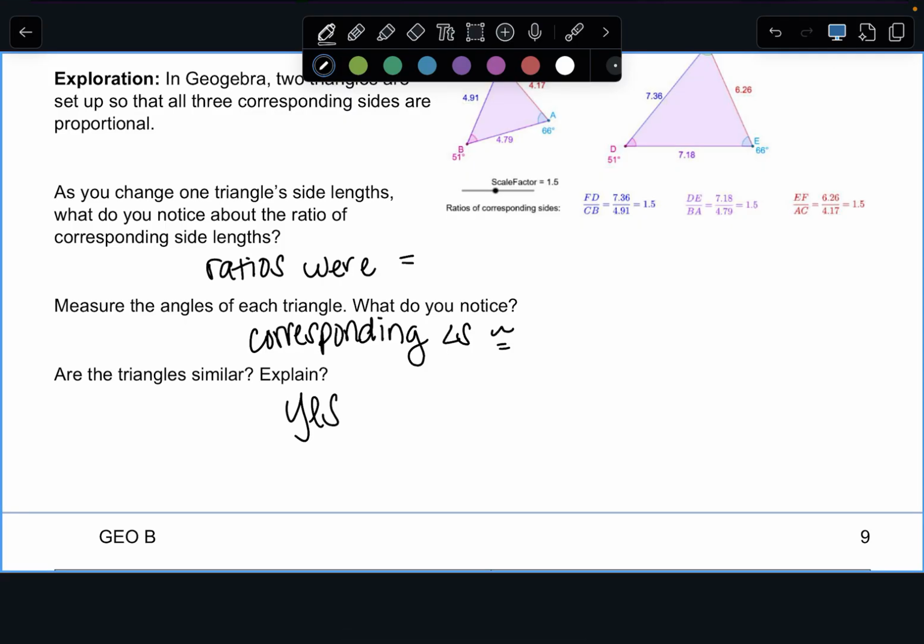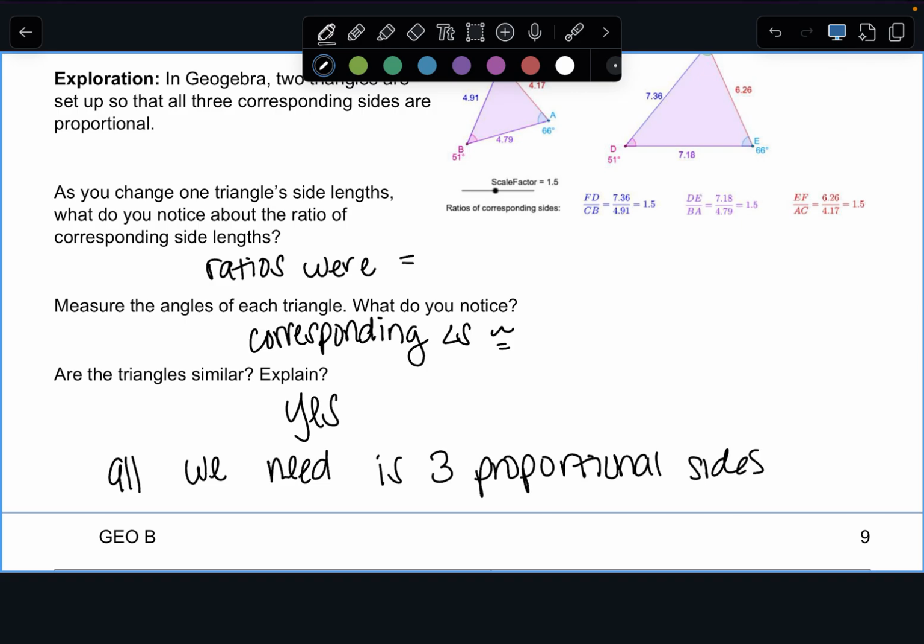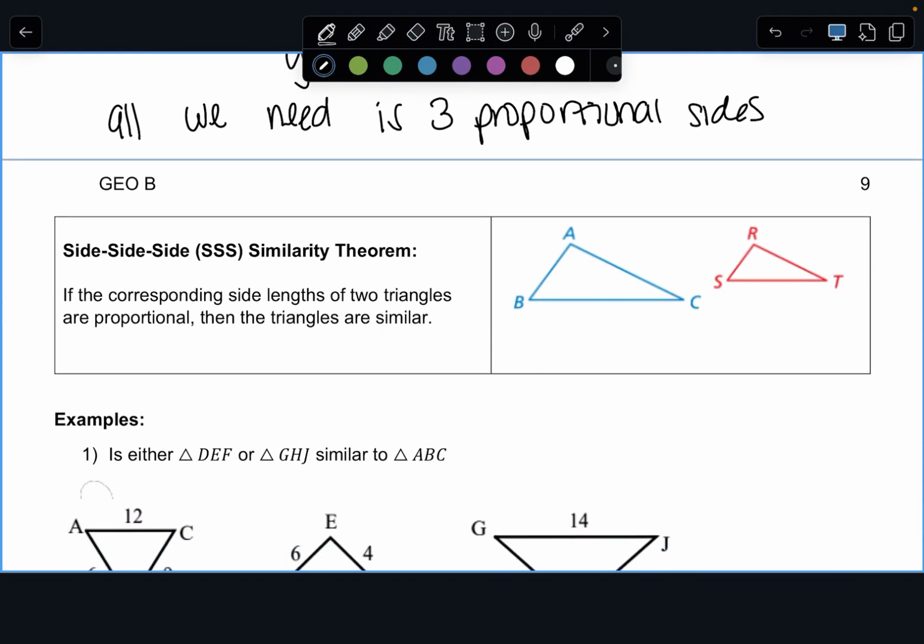And now, all we need is 3 proportional sides. So AA, we care about 2 angles. This one's going to be side, side, side, where I don't care about the angles anymore.